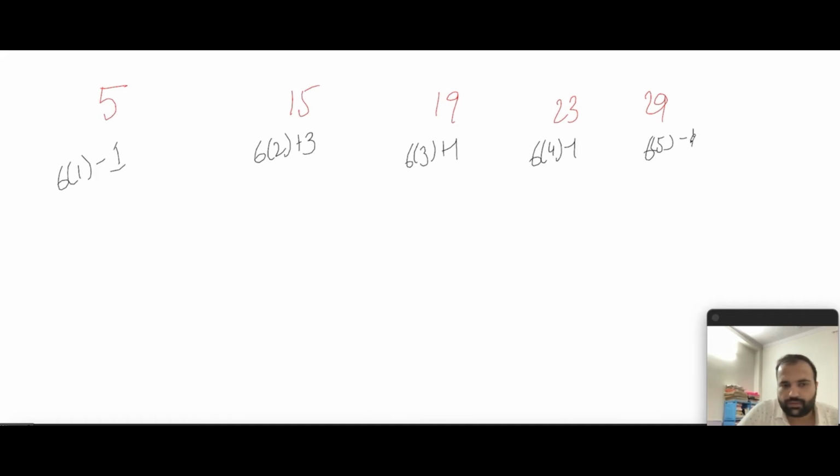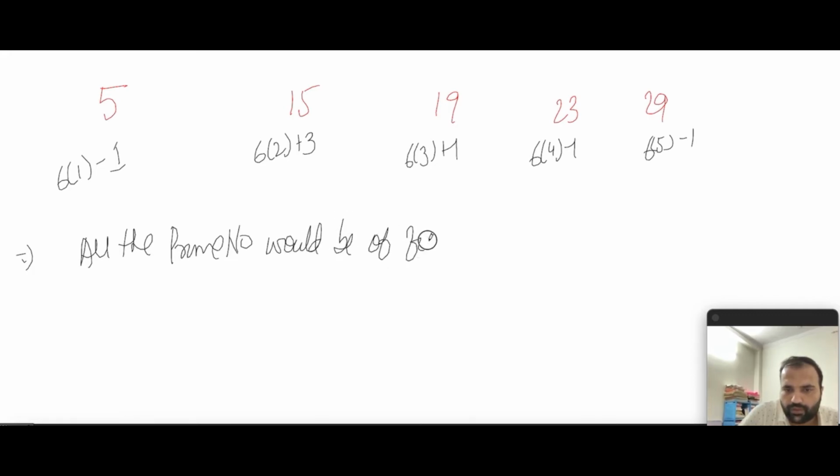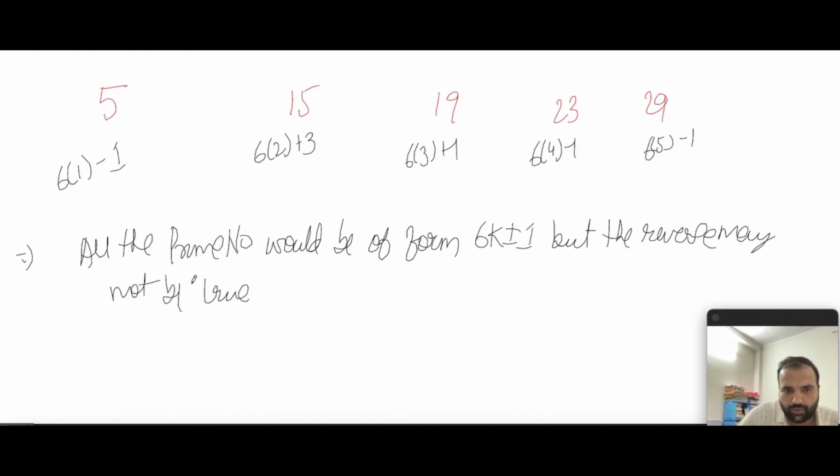Okay, now there's a property that all prime numbers would be of the form 6k plus or minus 1, but the reverse may not be true. Look very carefully: the reverse may not be true.